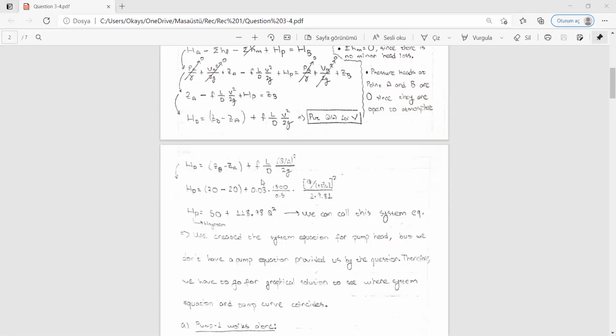This f is given as 0.03, L is given as 1500, the diameter of the pipe is given as 0.5. I keep the Q as it is because we would use it for different discharge values. And A is the cross-section area of the pipe, which means pi d square over 4.